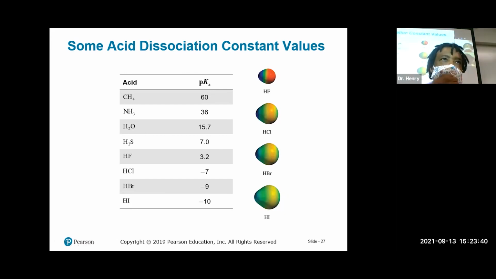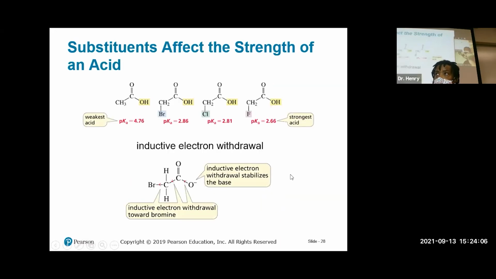Exactly what we thought, right? So in this case, as we go down the periodic table, it becomes stronger or weaker acids? Stronger, okay. And that's the same thing here as we go down the periodic table. These guys are right underneath each other. Stronger or weaker acids? Stronger.